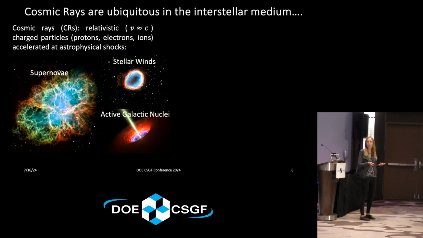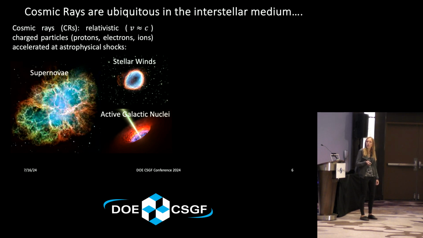And so cosmic rays, to introduce this to non-astronomers, these are charged particles like protons, electrons, and ions, and they travel at relativistic velocities, and they gain these relativistic velocities in shocks at high energy locations, high energy phenomena in different things like supernovae and stellar winds, AGN, things like that.